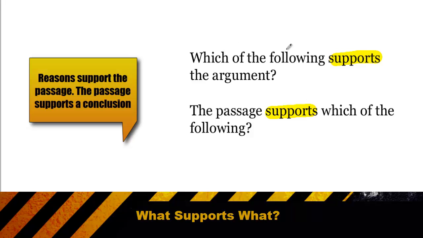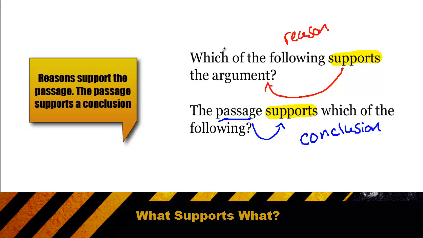If the question is asking which of the following supports the argument, the question is asking you to find a reason why the argument is true. If we flip the order, however, and the question asks you about what the passage supports, then the question is asking you to choose an appropriate conclusion. And again, one of the clues is that in the conclusion question, the question will refer to the passage as a passage as opposed to an argument.